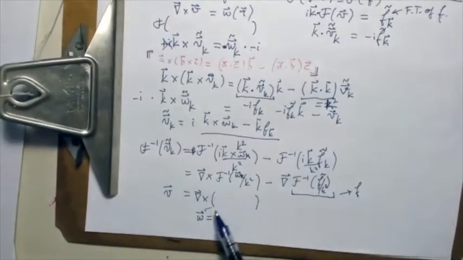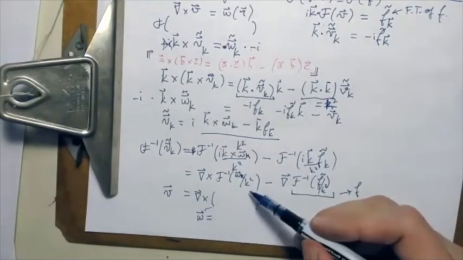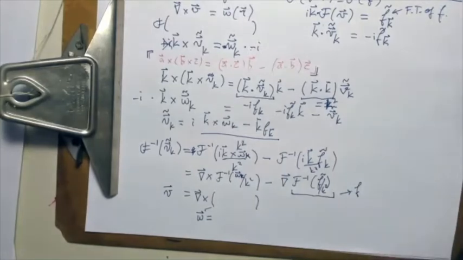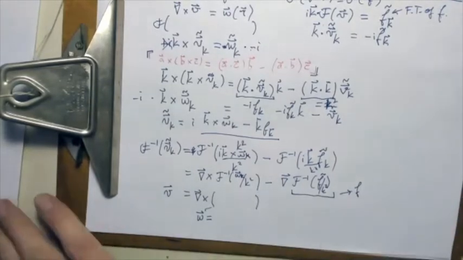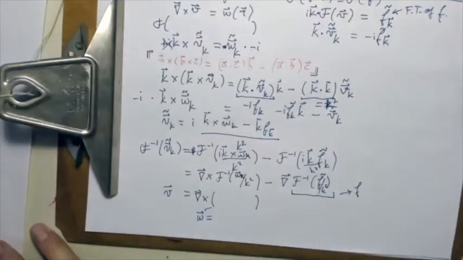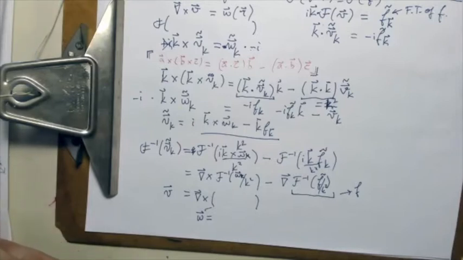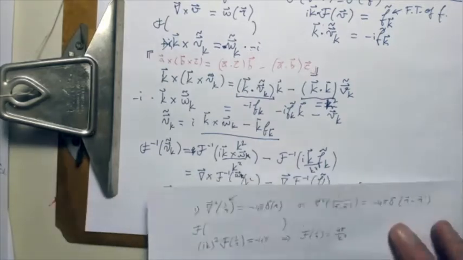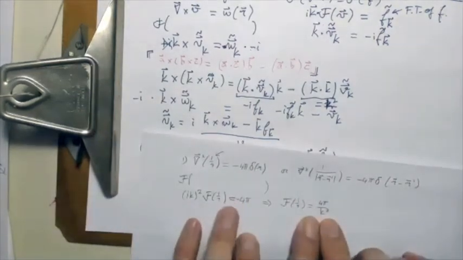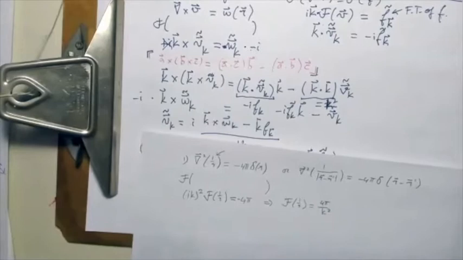Okay, so all we need to do now is to basically invert these two. What you then need is the inverse Fourier transform of 1 over k squared. And we wrote that down earlier. Let me see where we are. Yeah, we did that at the end of class.